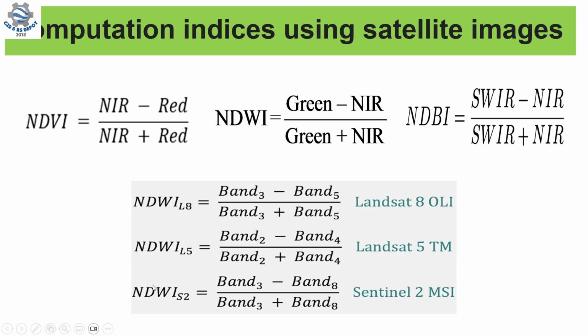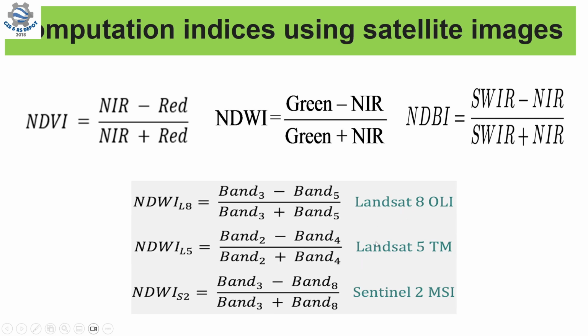Now if you want to use Sentinel-2 for NDWI, the green band is band 3 and the near infrared band is band 8 for the Sentinel-2 multispectral instrument dataset. That's why if you want to use Landsat 8, you must follow the band list of Landsat 8.